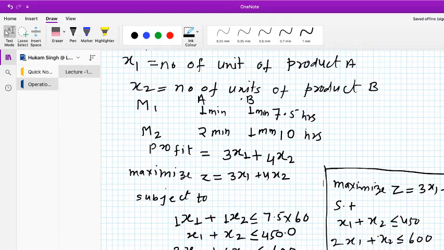Okay, so now we are going to solve this LPP by using the graphical method. And here we have to write down the non-negativity constraint as well.